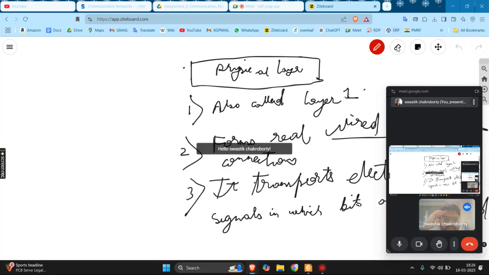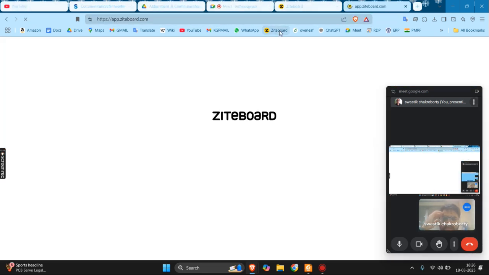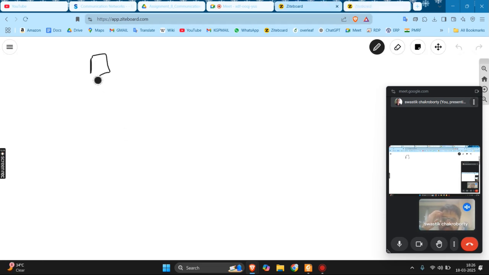Let's visualize this. There is one user and there is a channel. Here the channel is visualized as a pipeline.